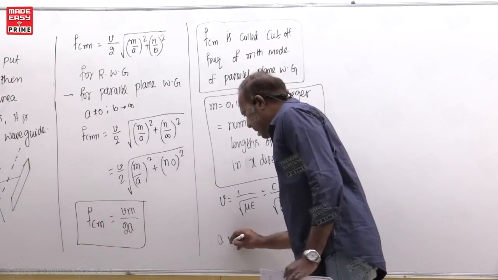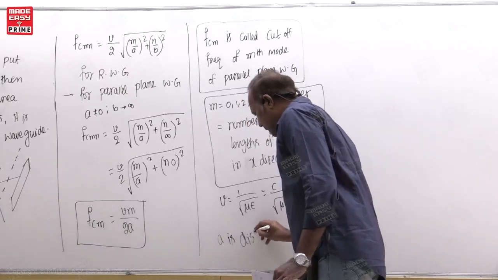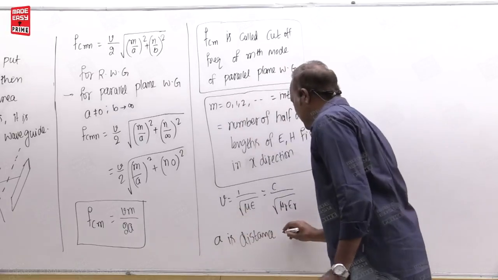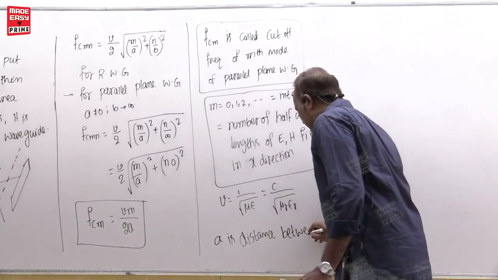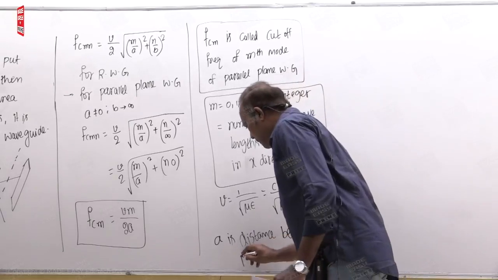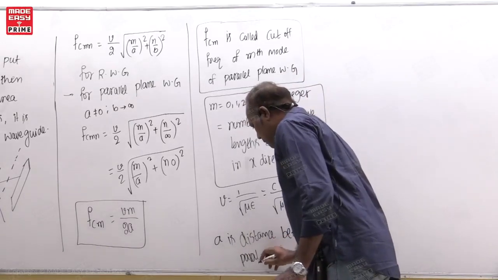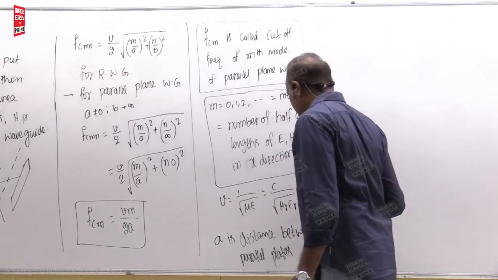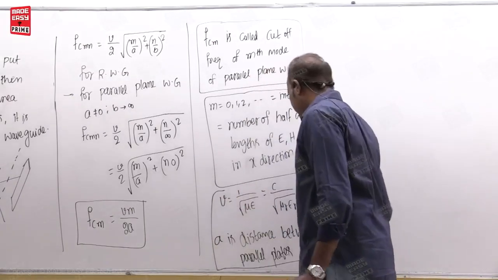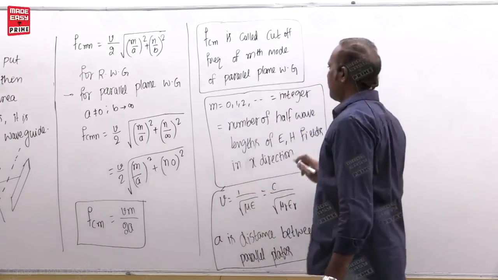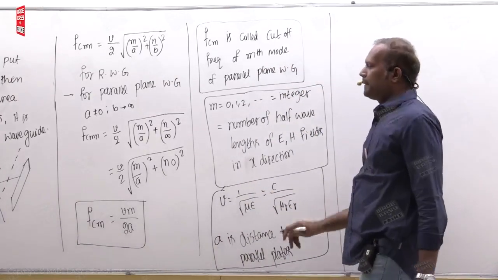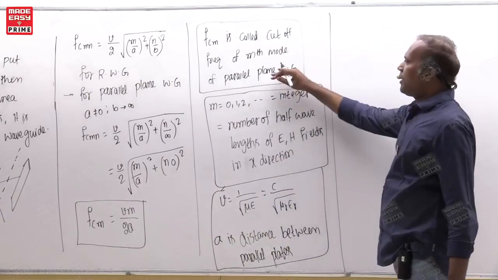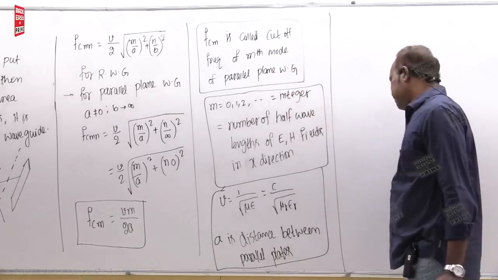Next, a is the distance between the parallel plates. Okay. Next, fc_m, you know, is the cutoff frequency for the mth mode of the parallel waveguide.